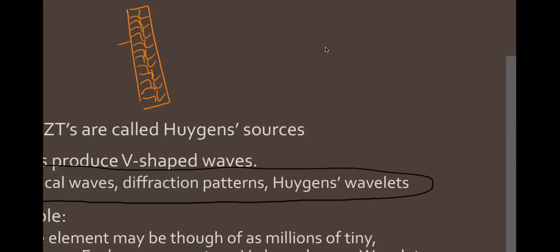Those are called Huygens sources, okay? Each one of those PZTs is going to release a sound wave, and the sound wave has that spherical diffraction pattern. It's like a semicircle. So each one of these PZTs is going to release a sound wave that looks like this. Okay, so we're going to be here a while.